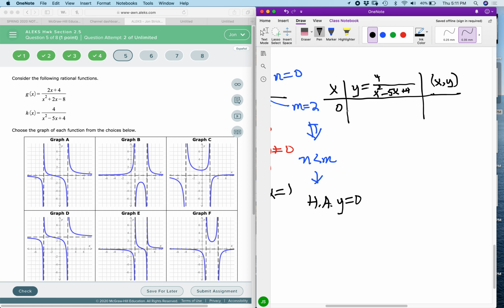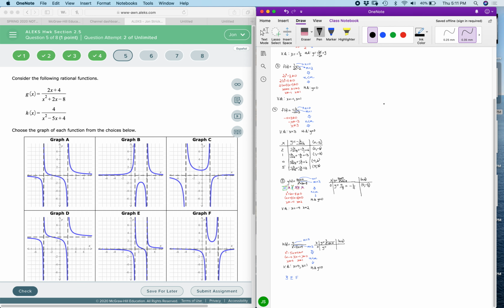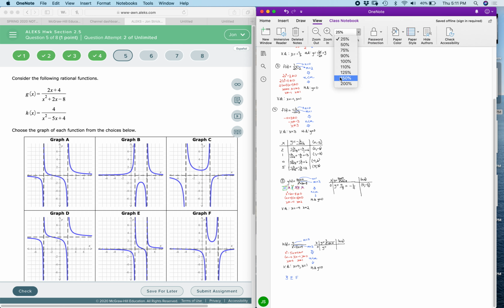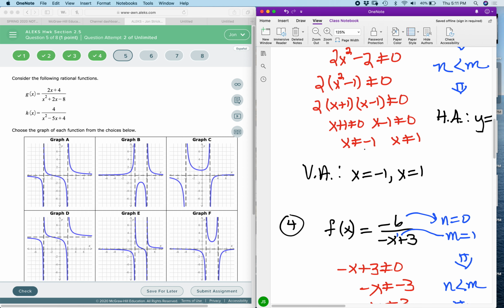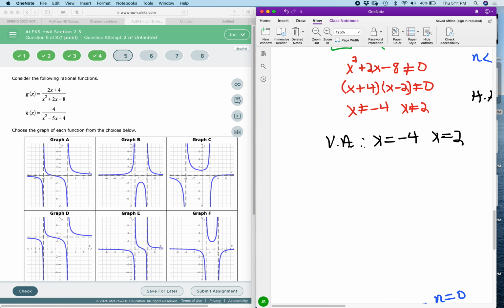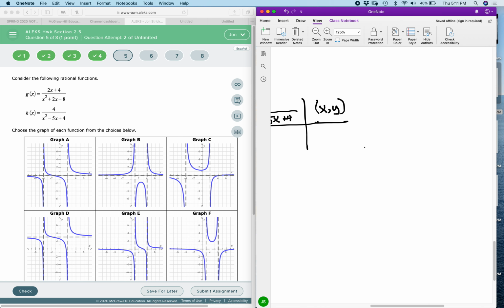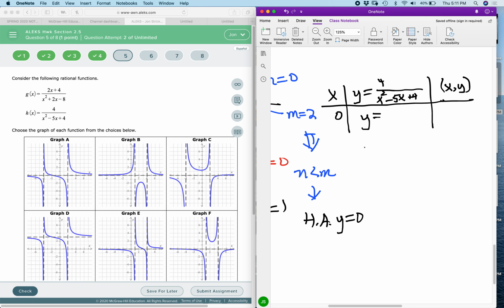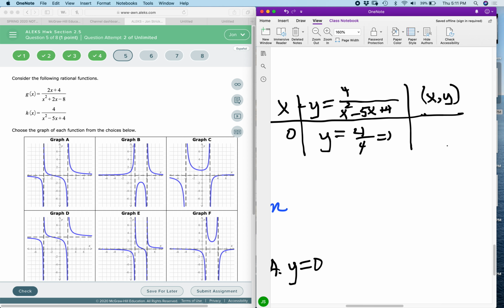So you have x at 0, and 4 over 0 minus 0 plus 4. In this particular layout, you have at 0, 1.